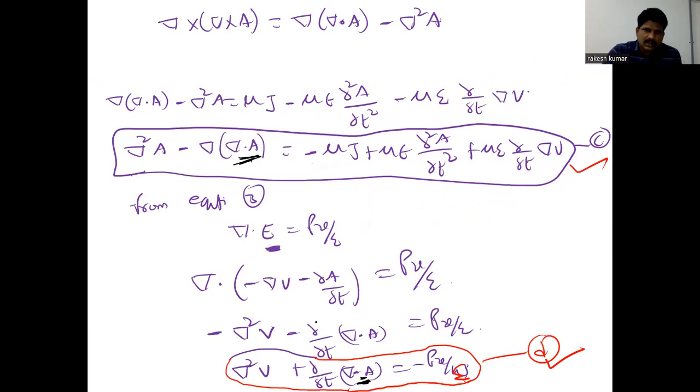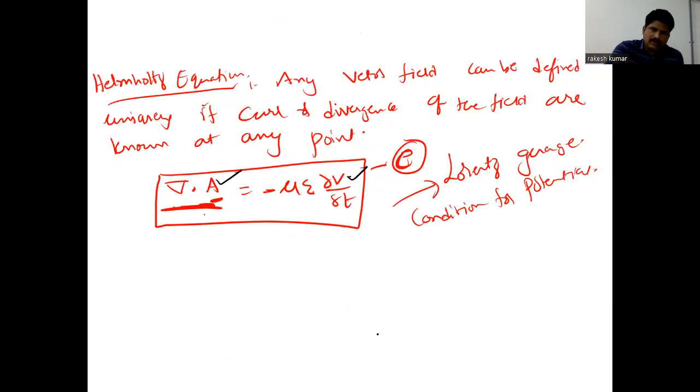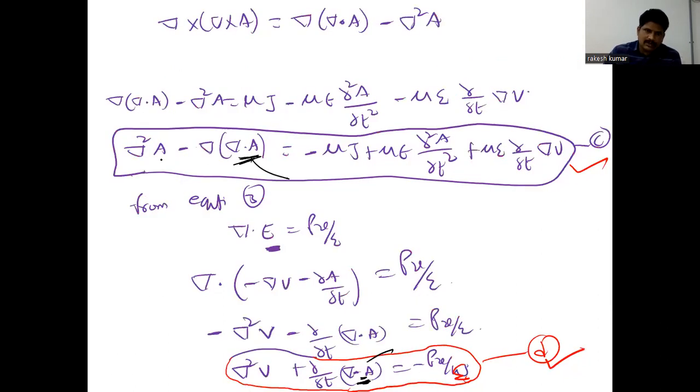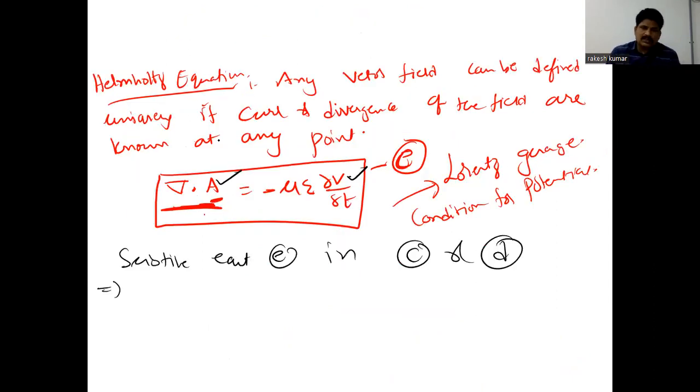So let us substitute equation E in C and D. First, what is equation C? This is my equation C. In place of del by del t, I will simply substitute this Lorentz gauge condition.